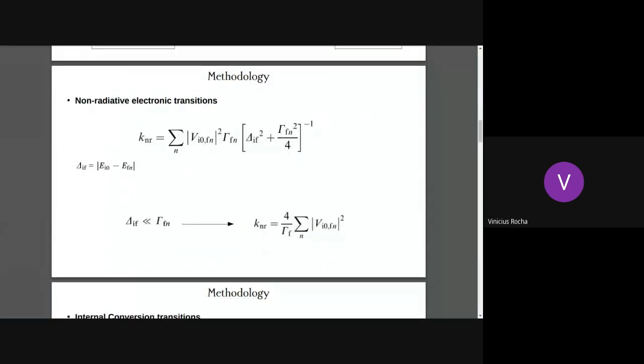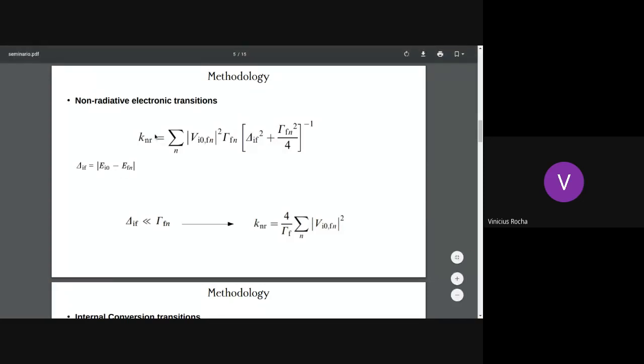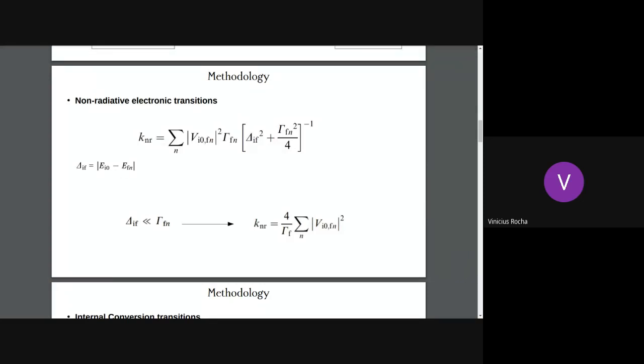So to calculate the rates of the electronic transitions, we will use DFT, and the general expression for the rate constant of the non-radiative electronic transitions is the one derived by Plotnikov-Robinson.